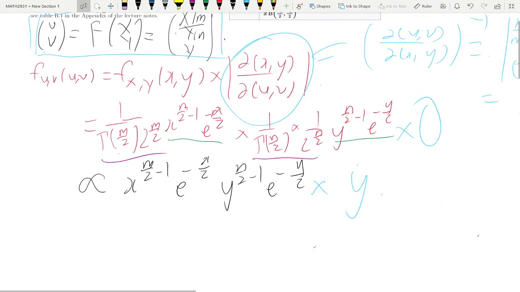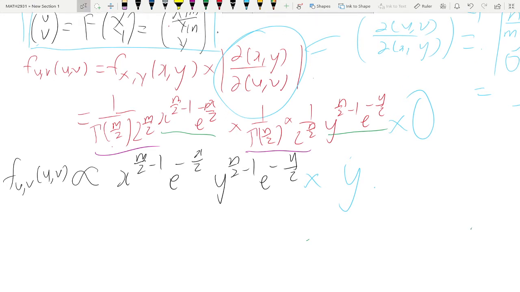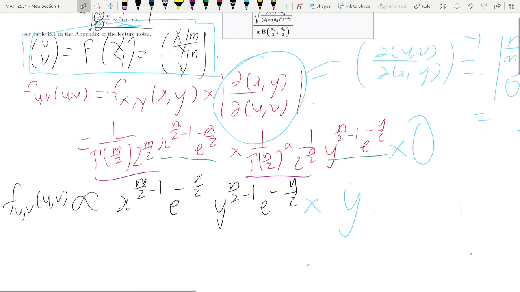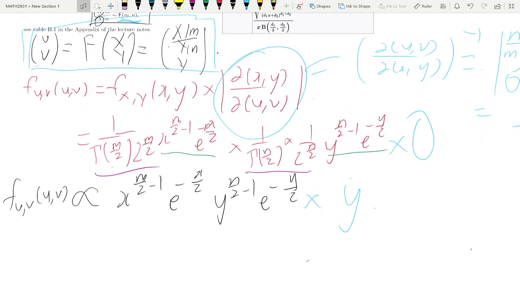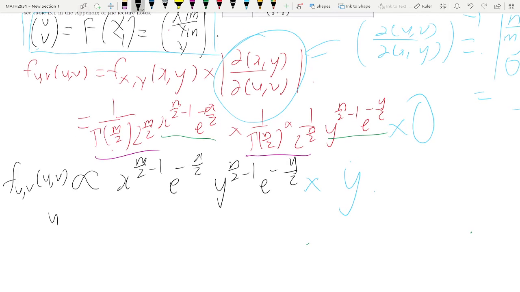Now, since our left-hand side is a distribution in terms of u and v, you want to represent your right-hand side in terms of u and v as well. Looking at the transformation above, u equals mx over ny and v equals y.